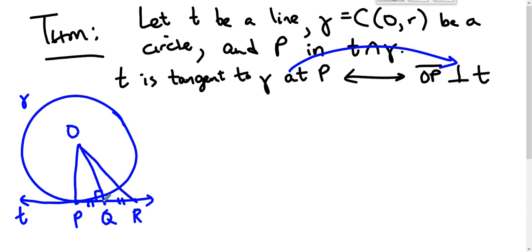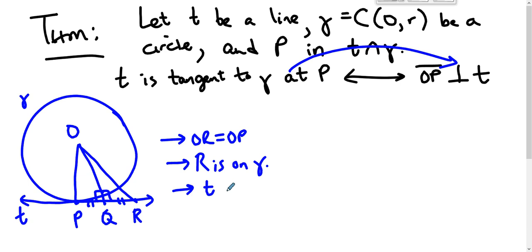So now you have triangle OQP and triangle OQR. Now here's the kicker. Triangle OQP is congruent to triangle OQR. And what does that mean? This implies that OR is congruent to OP. And if that's the case, then R is on gamma, because OR would be a radial length, as OP is a radial length, which puts R on the circle.